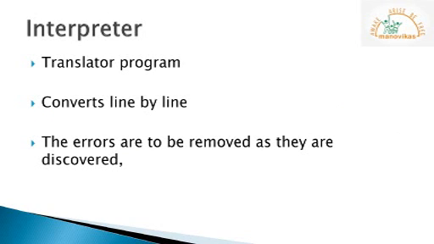This translator program facilitates conversion of high-level language to machine-level language step by step. It converts line by line. Every time you run a program, this action will be repeated, which will slow down the speed of a program in this language. The errors which are found are also to be fixed as they are discovered.